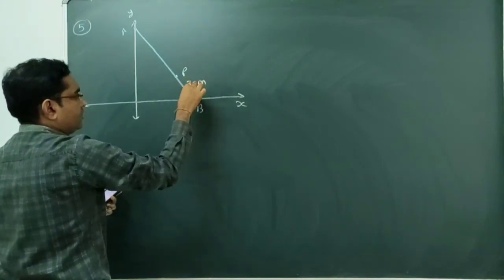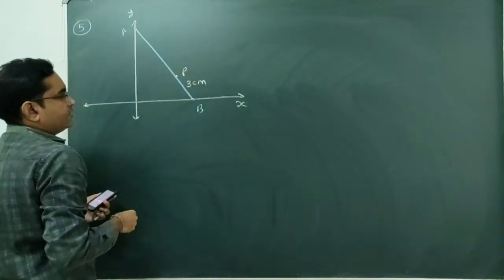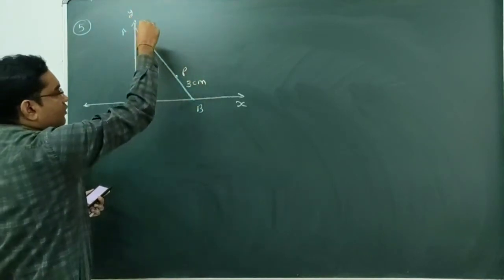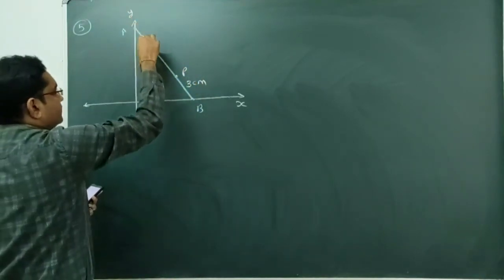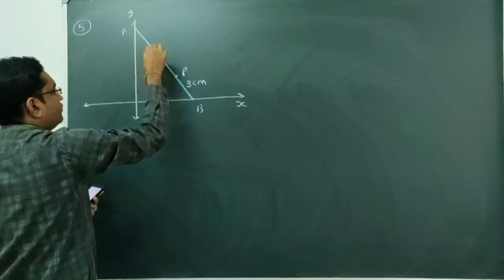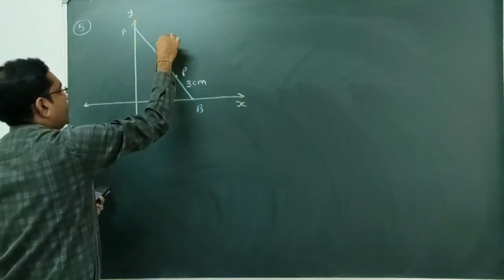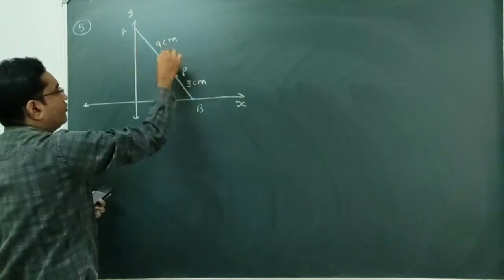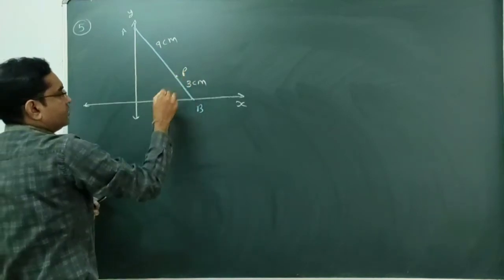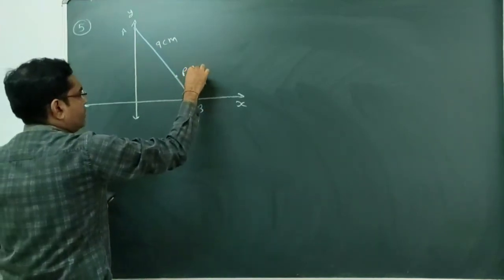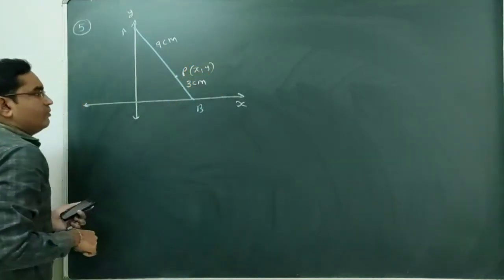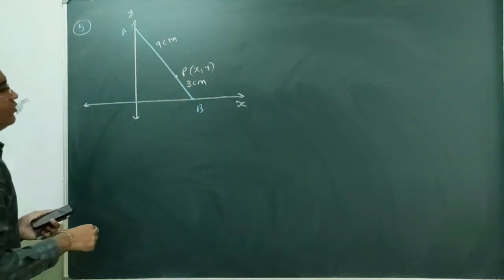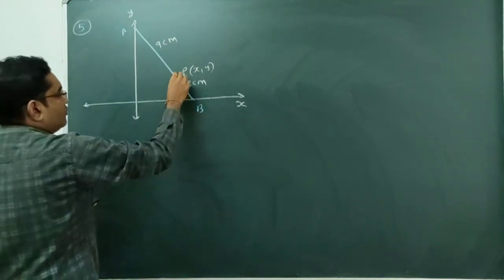So at the distance of 3 centimeter, one point P is there. And total length of this rod is 12 centimeter, so we can say the length of AP will be 9 centimeter. This is point P. So let's assume that coordinates of this point P are x, y. Here we have to find the locus of this point P.